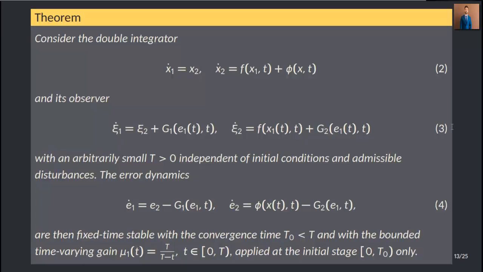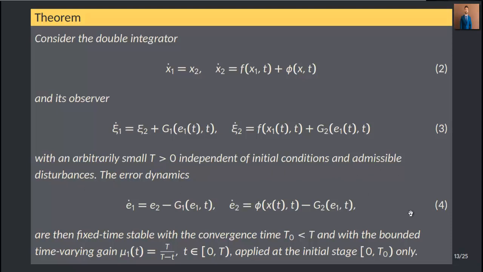Let us now present the main result of our paper in this theorem. Consider the double integrator 2 affected by disturbances phi and a known input f, and its observer 3 designed with the injection terms capital G1, capital G2, with an arbitrarily small capital T independent of initial conditions and admissible disturbances.